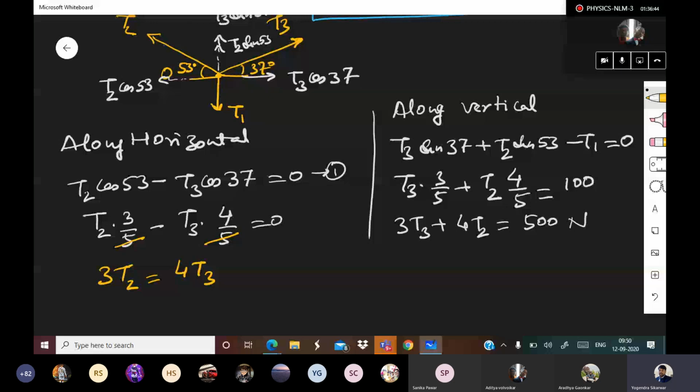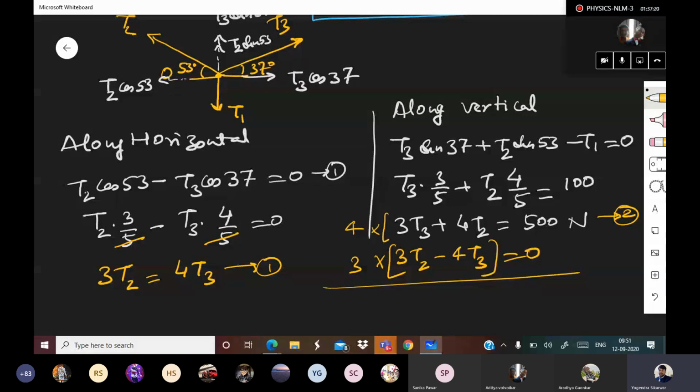Using these two equations, let us solve further. So 3T2 minus 4T3 is equal to 0. What I can do is multiply this by 3, multiply this by 4, and then add.